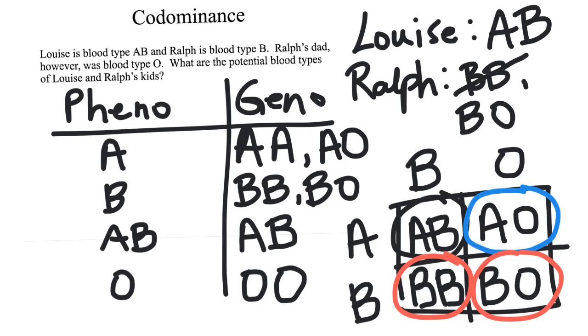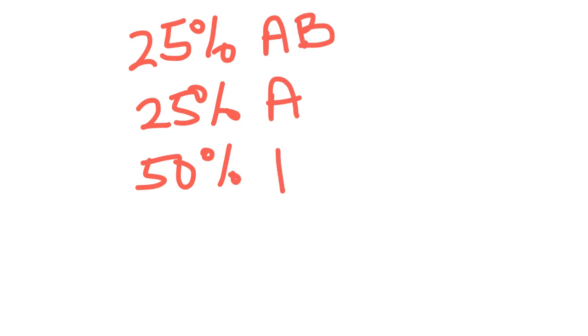Okay, so when the question asks what are the potential blood types, they don't actually want to know these codes right here. They don't want to know the alleles. They want to know the blood type, just the plain old letter. So if we remember this and record it, what we would actually say, we have 25% of the kids are AB, like mom. 25% of the kids are blood type A, and then another 50% were blood type B, the 2 on the bottom.